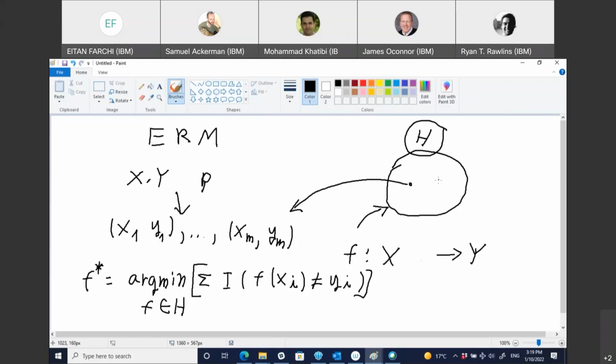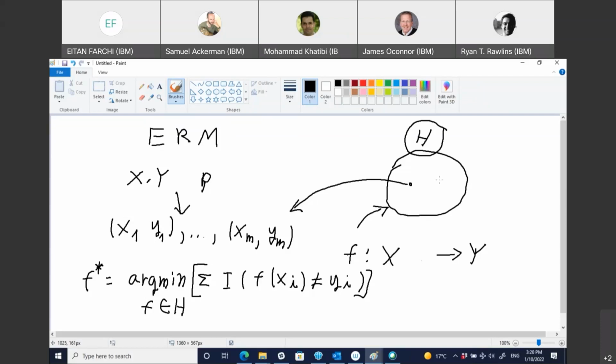This is exactly it. Or for instance, you have a neural network, and H is all the possible neural networks if you take into account the weights. And then you pick one neural network, that's your F. And F star is the neural network that you pick that is the best one on the points x1, y1 to xn, yn.